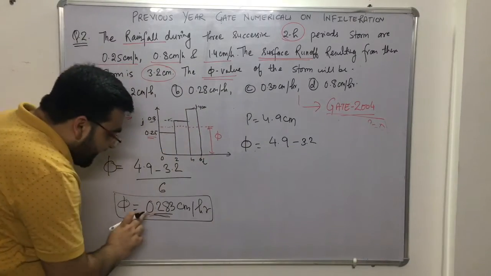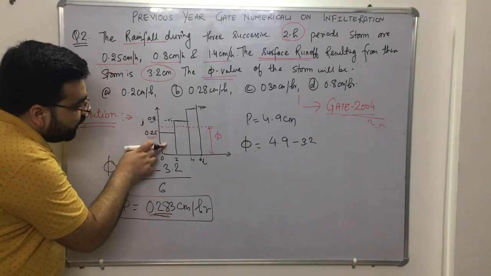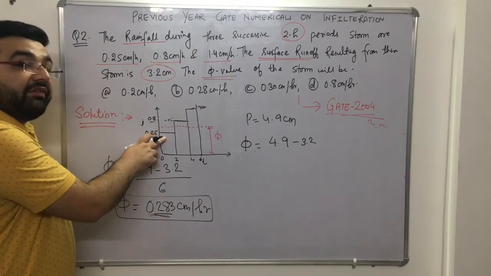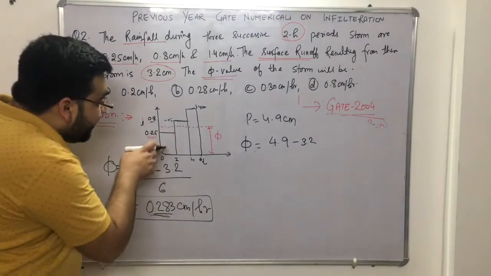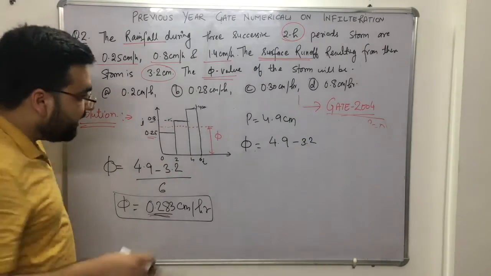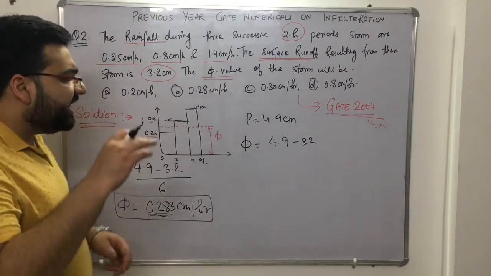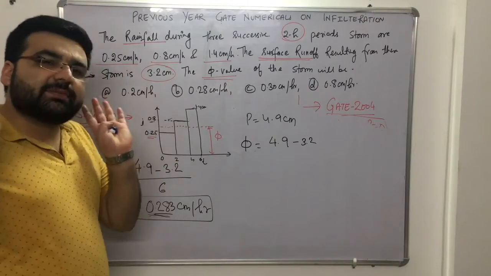Now when I calculated this value, I also took into consideration this 0.25. But actually, when the rainfall intensity is 0.25, there is no runoff. It means that I have to subtract this value, or I can say that it is an initial loss, right? I just subtract this value.